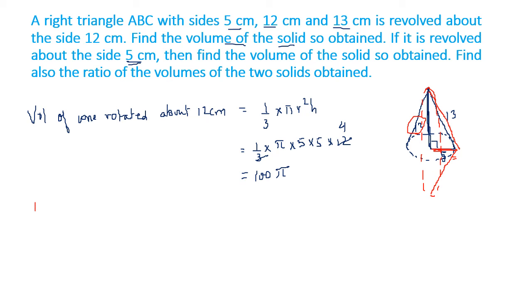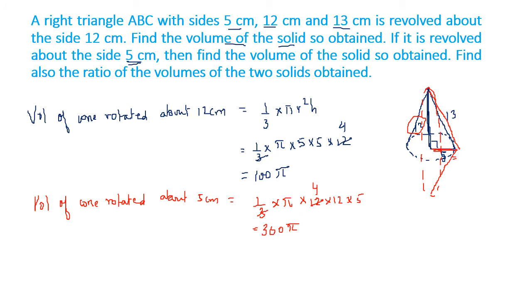So we have got the volume of the cone rotated about 5 centimeter. This will become 1 by 3 into pi into r square. This time the radius will be how much? Radius will be 12 and height will be 5. So 3 1s are 3, 3 4s are 12, 12 5s are 60, so 12 4s are 48... this time the volume has become 240 pi... the volume has become 360 pi.